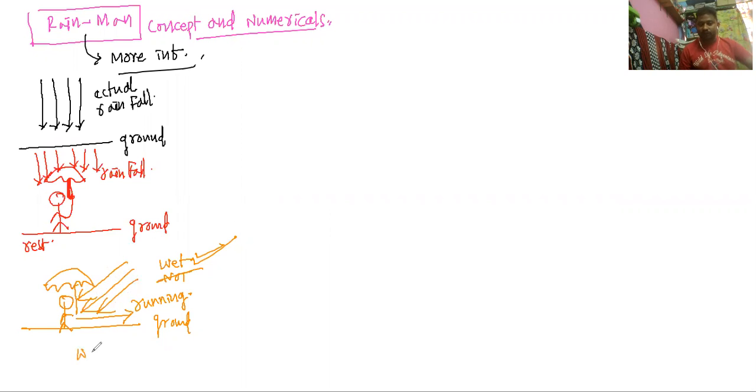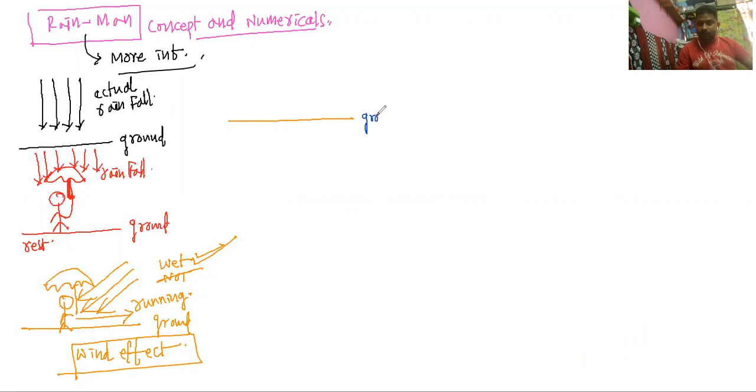The internal phenomenon is the wind effect only. Because of the wind effect, it happens this way. But to avoid the rain in this case, this person must hold the umbrella in this way, my dear students.